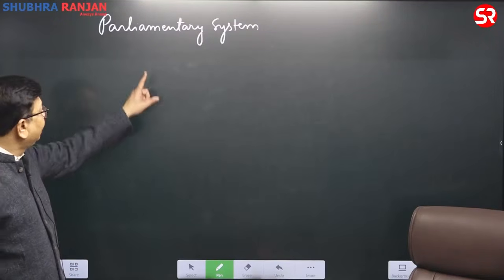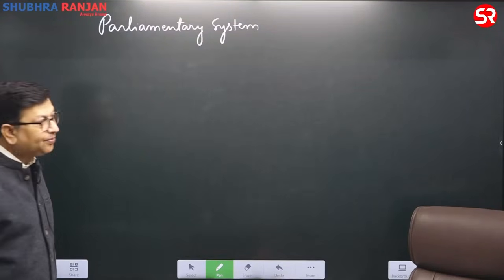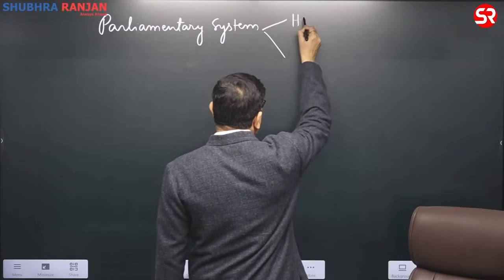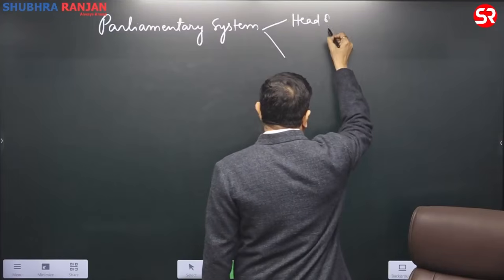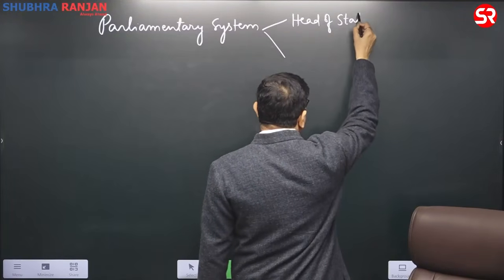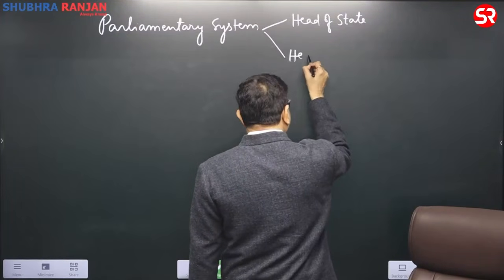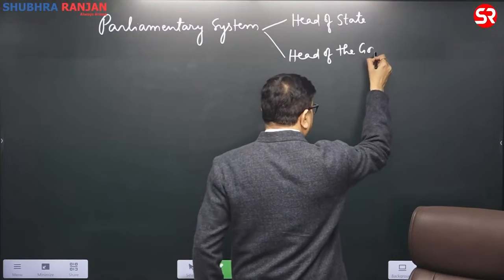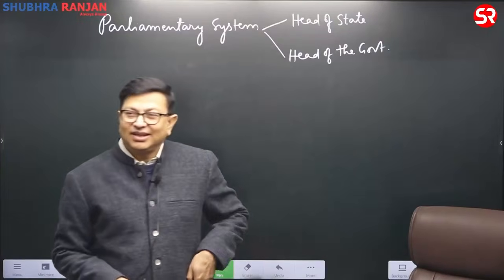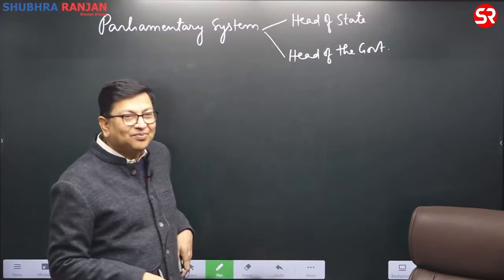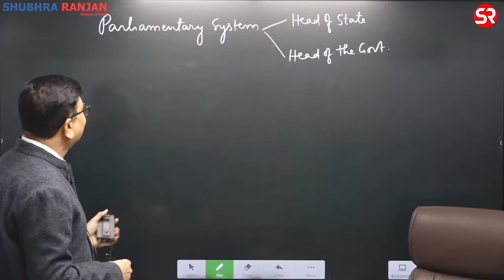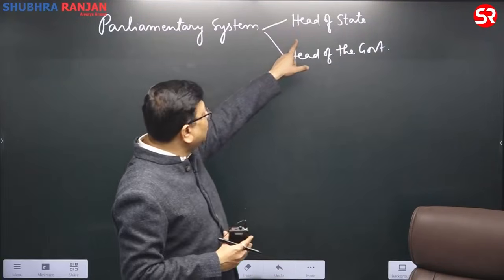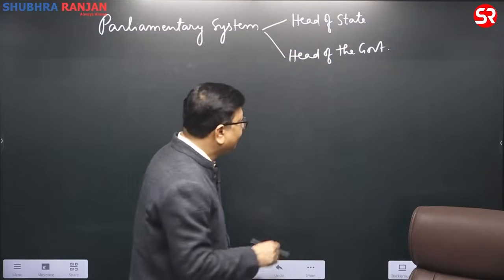Now here, first of all, coming to the parliamentary system. In a parliamentary system, there are two heads, head of the state and head of the government.